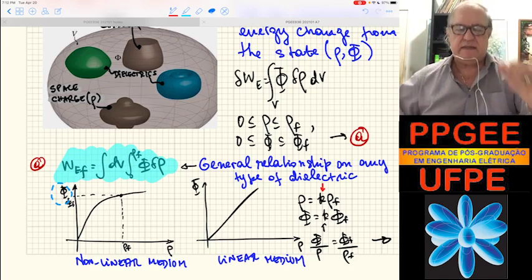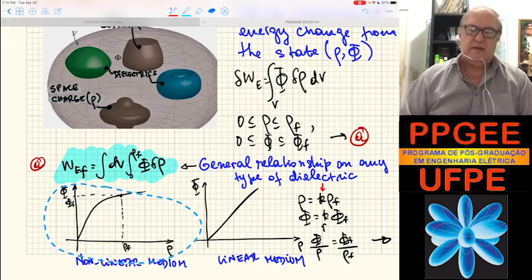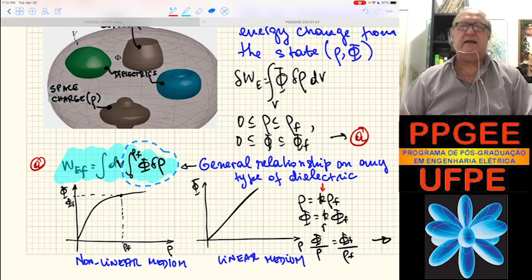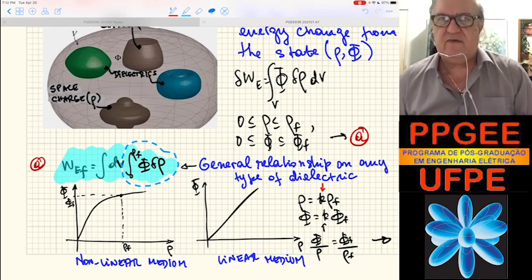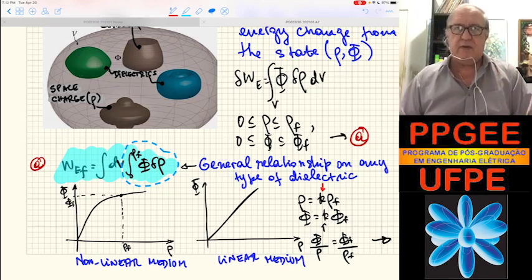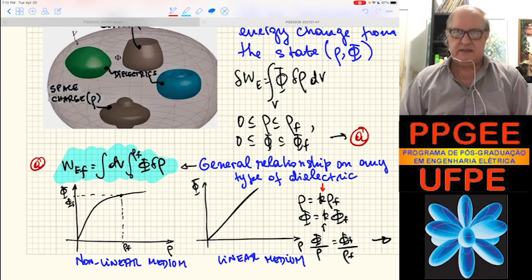So we have to determine this curve to make the integration in the state space, which is this one here. Then after that is completed, we do the volume integral and calculate the energy. So in general, that's how you calculate energy for any system. It can be a linear or non-linear system, okay?